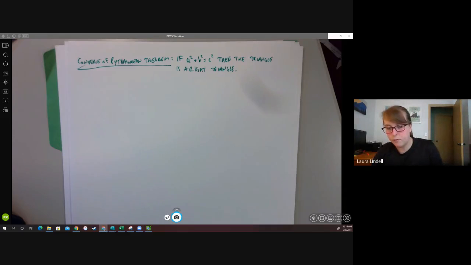So if that equation works out, then we know we're working with a right triangle, and we can use this again to determine if something is a right triangle or not.